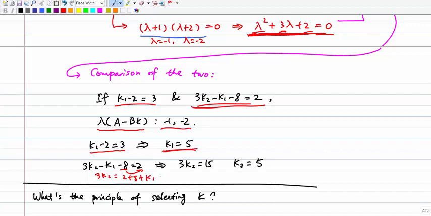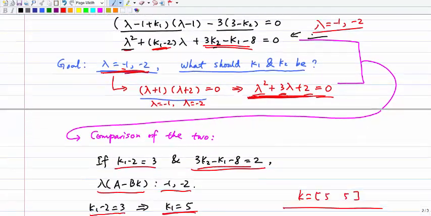Since k1 is 5, it's 2 plus 8, 10, plus 5 is 15. So my k2 is also 5, which means k here is 5, 5. So that's my parameter for k. Okay, so this is how to find the parameter k.